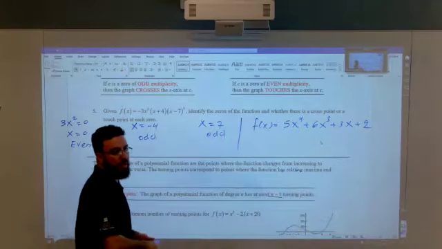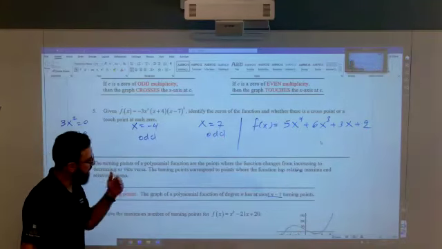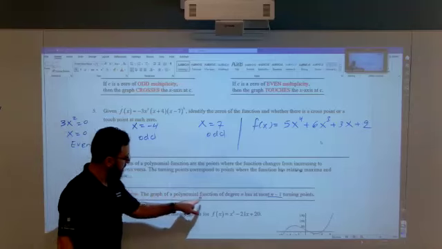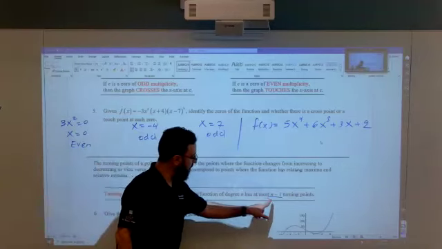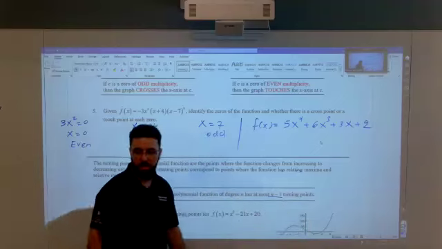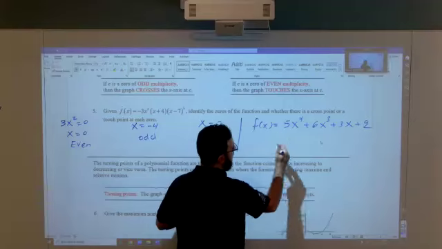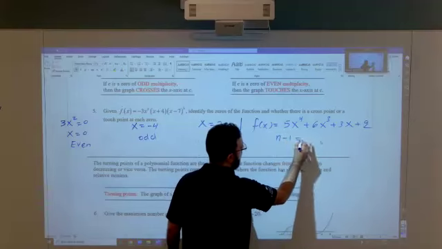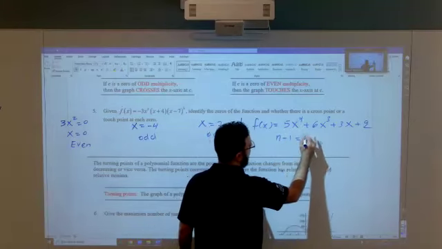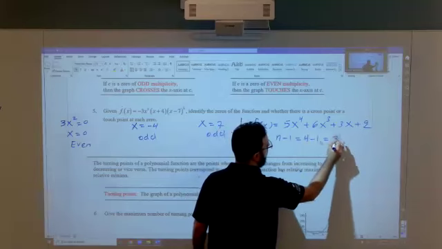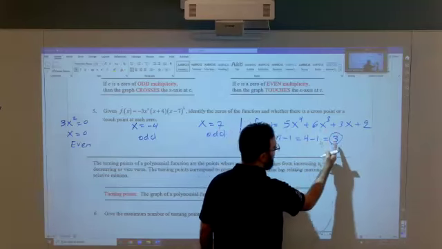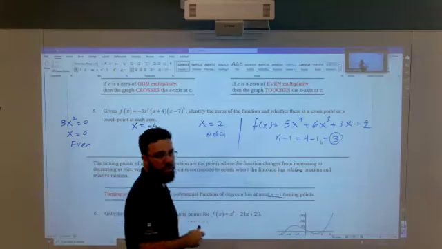If I ask you how many turning points the degree has, you take the degree, n minus 1. So n equals what? 4 minus 1, which is equal to 3. So the polynomial has 3 turning points.